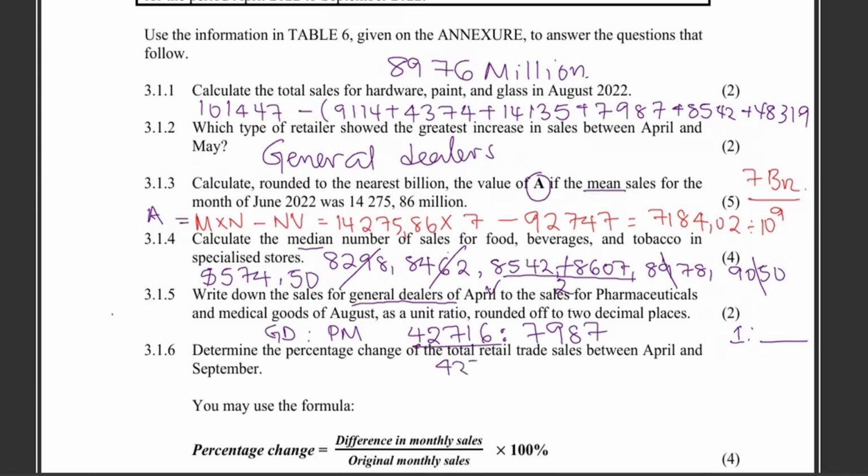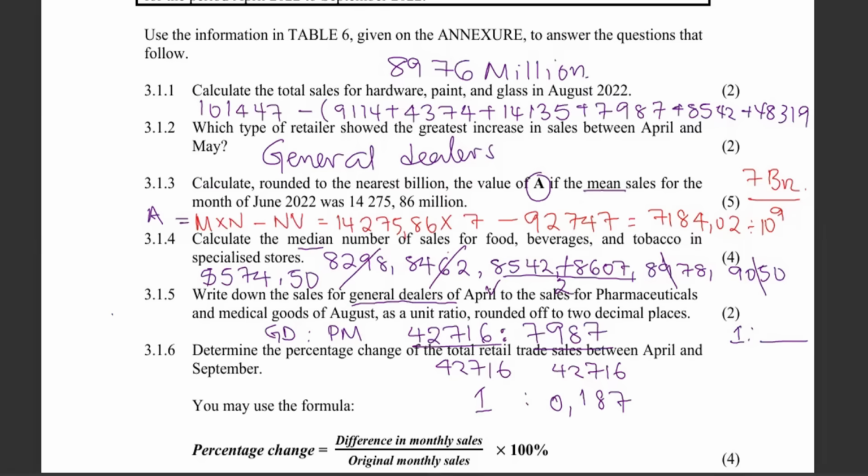I'm dividing on both sides because I want to have a 1. So this side here, I will have a 1 is to 0,187. Round off to 2 decimal places, which gives it to be 9.